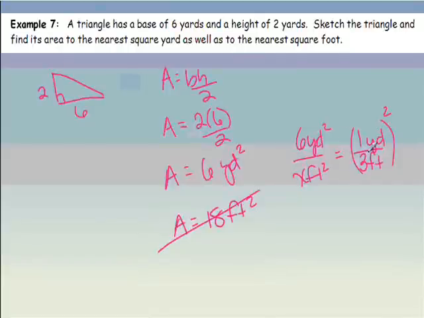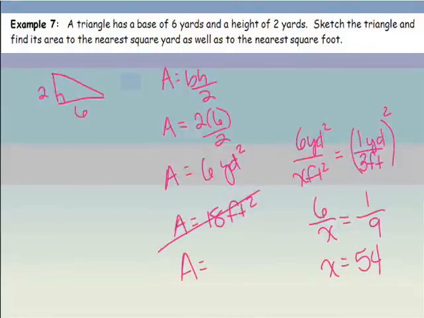Well, I have to square this side to make them both squared. So essentially, I get 6 over x equals 1 squared is 1, 3 squared is 9. So what I wind up with is that x equals 54. So the right answer for the area in square feet is 54 feet squared.